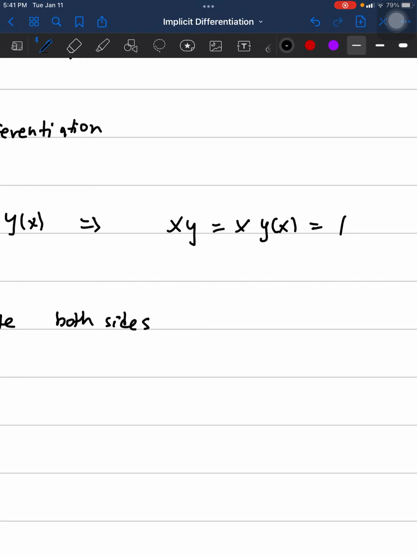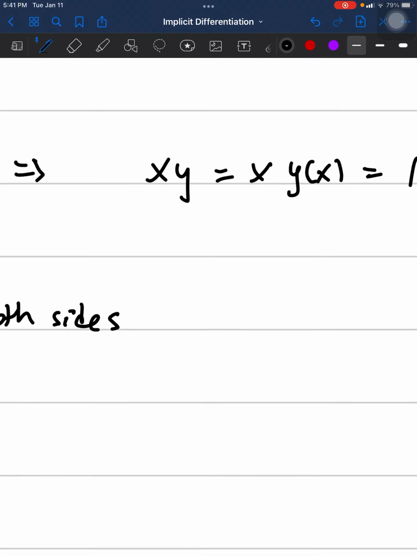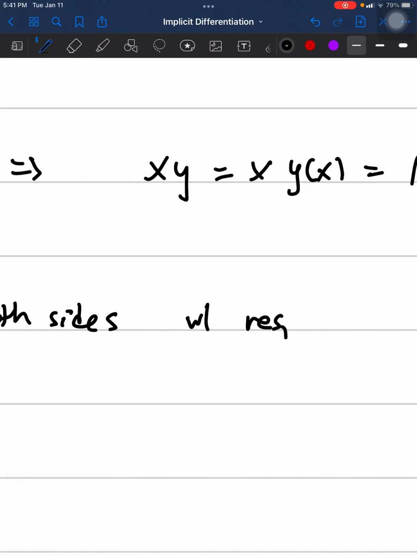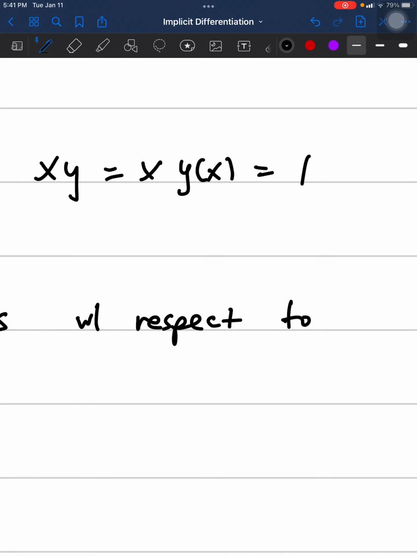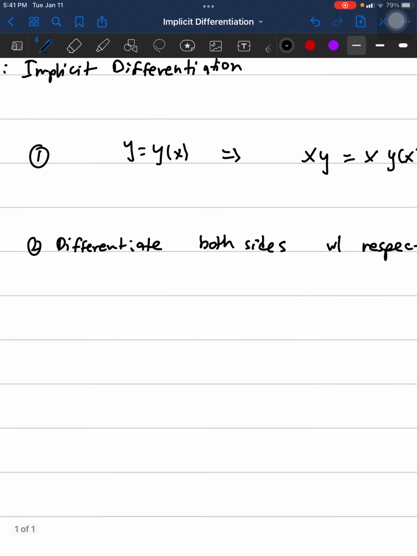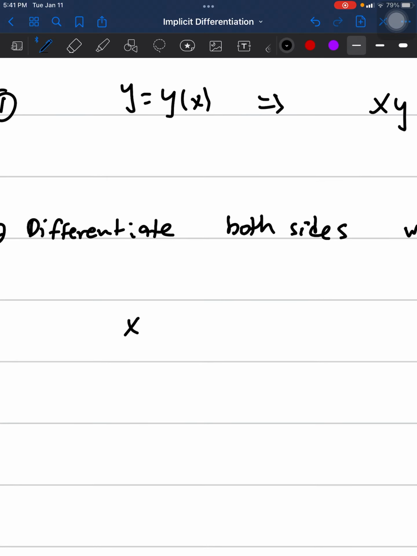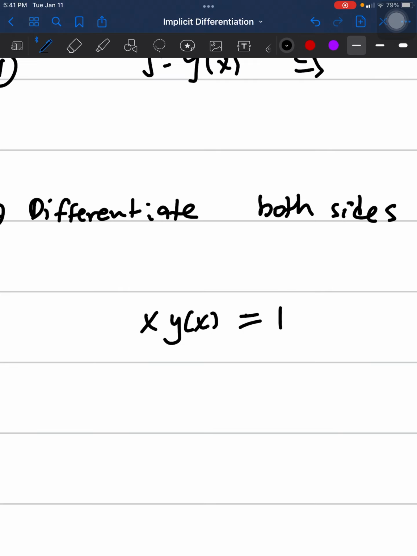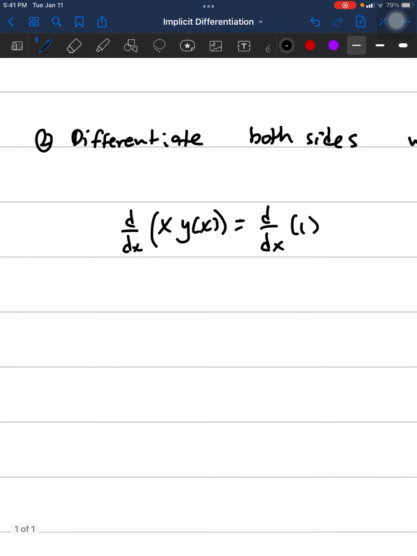That's why we changed the function into a function of x. So let's differentiate this function. So x y of x is equal to 1, right? Now when we differentiate both sides, I'm going to use the d over dx notation in this case.